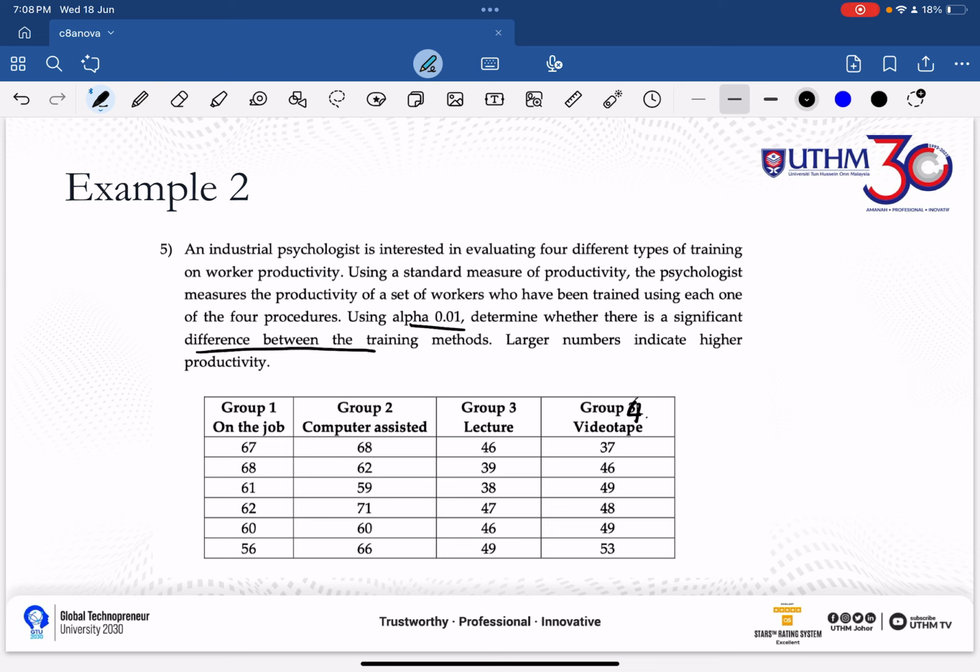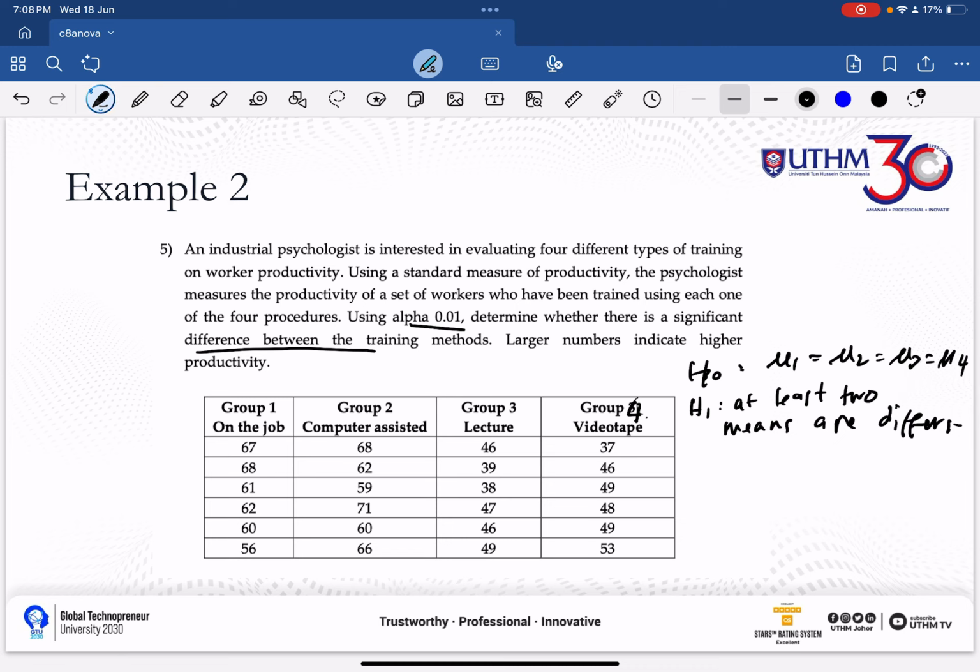We have 4 training methods, so we want to see whether H1 is supported, which is at least 2 means are different. And H naught is that the means of group 1, group 2, group 3, and group 4 are equal. That is our first step.